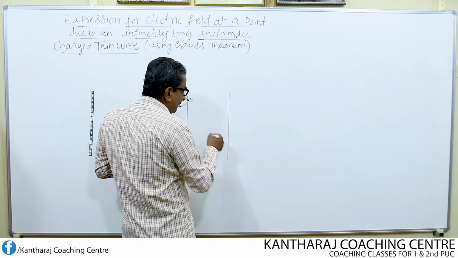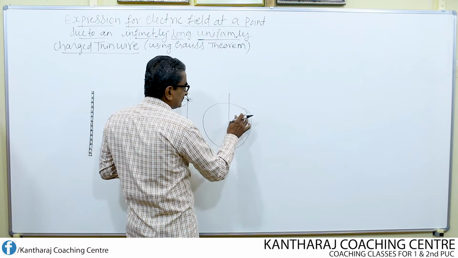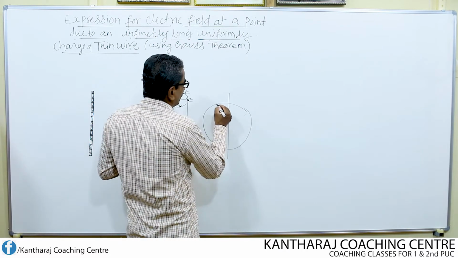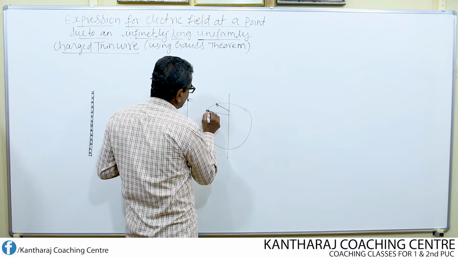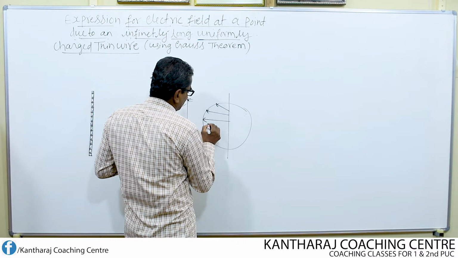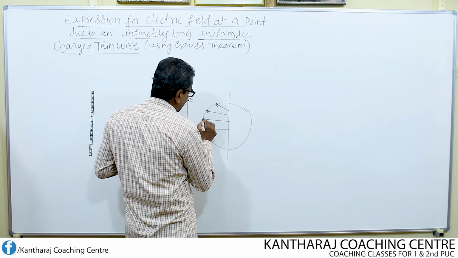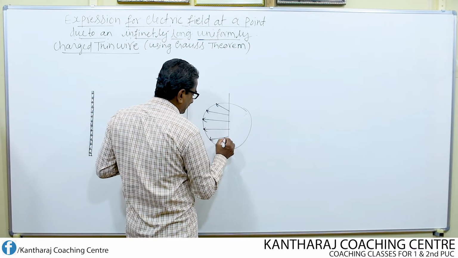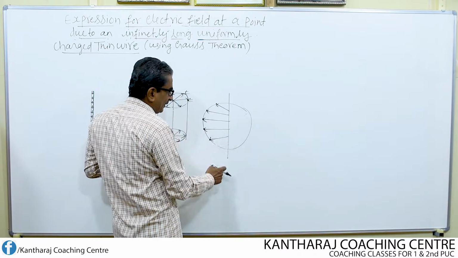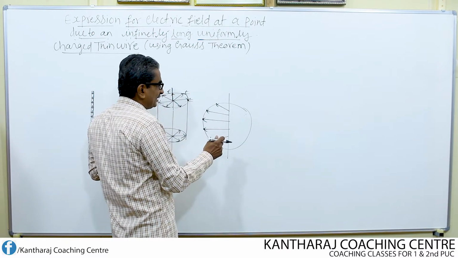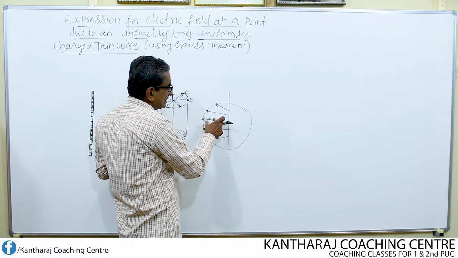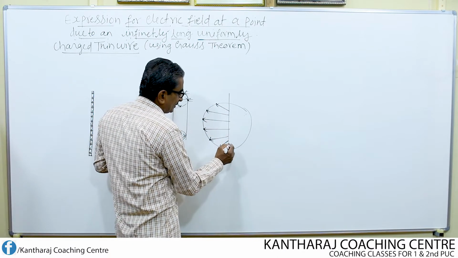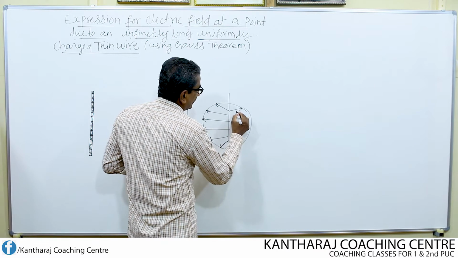Suppose I imagine one sphere like this, what will be the electric field at this point? At this point, the electric field is found to be different, because from the wire, the distance is found to be different. This distance keeps on changing on either side.